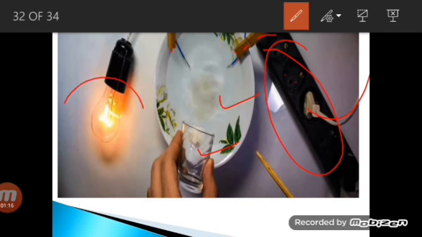What will happen here, you can see the bulb is lit. Why is it on? Because we have a sodium chloride solution over here. It is in the aqueous state. So whenever aqueous sodium chloride is used, electricity will be conducted. Whenever molten sodium chloride is used, again electricity will be conducted. But in the solid state, electricity will never be conducted.